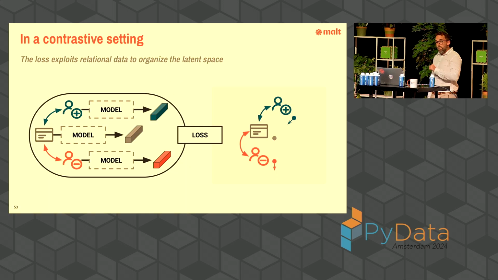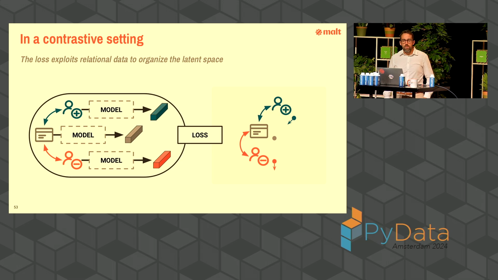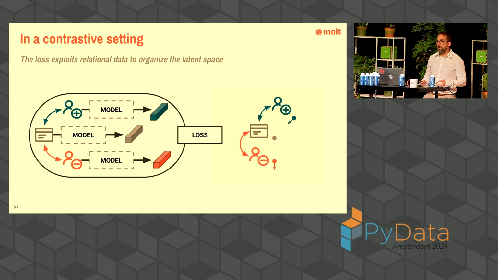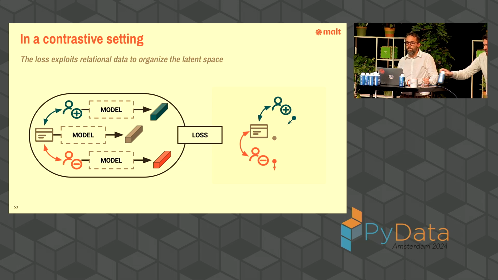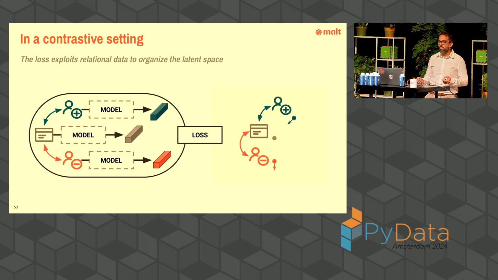OK, so usually to train such a model, people rely on contrastive loss. In contrastive loss, they exploit the relationship between data points to organize the latent space. So here you've got an example with a project brief, a positive match for it and a negative match.